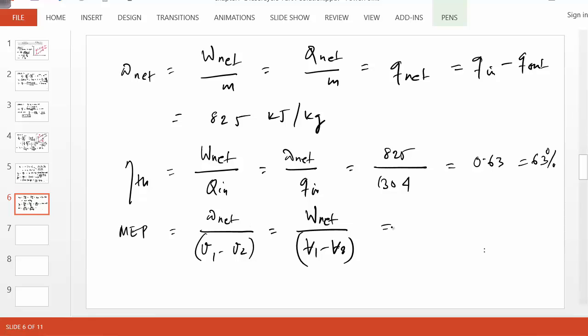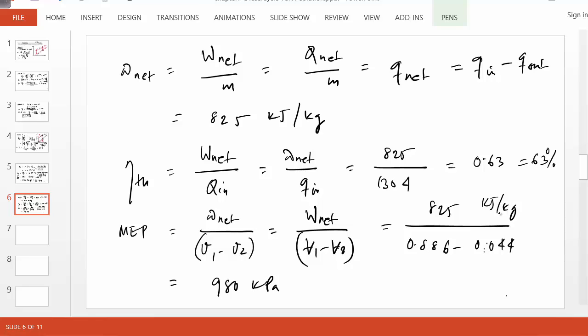We found W net to be 825, and the volume changes are 0.886 minus 0.044, and that produces 980 kilopascal. You can show that the unit kilojoule per kg here, and meter cube, when you manipulate, it will produce kilopascals.